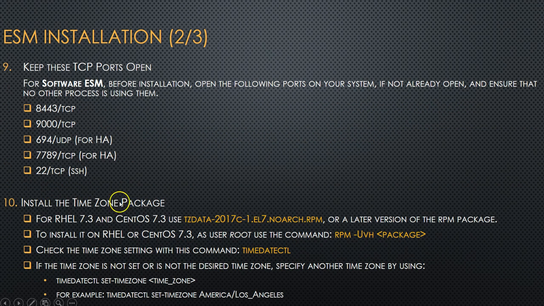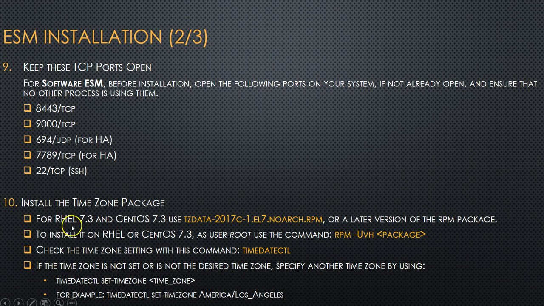In the 8th step, we need to open some TCP ports. This is specific to the ESM software installation, so you can connect to the system and have the functionality working properly.